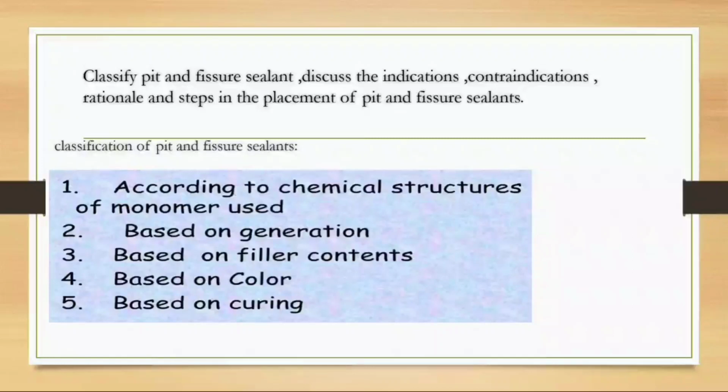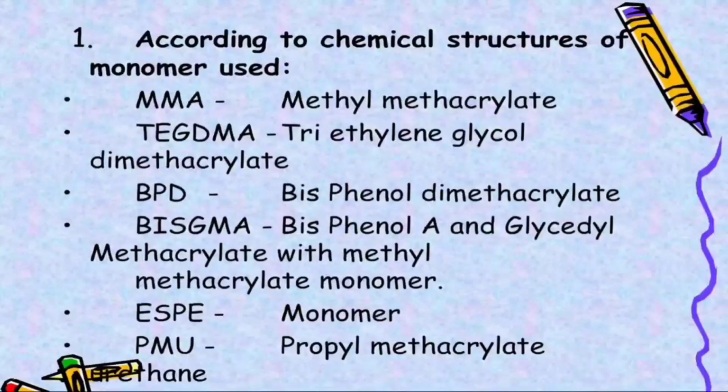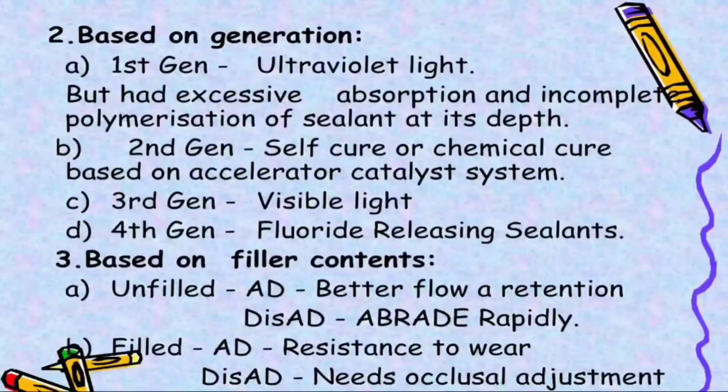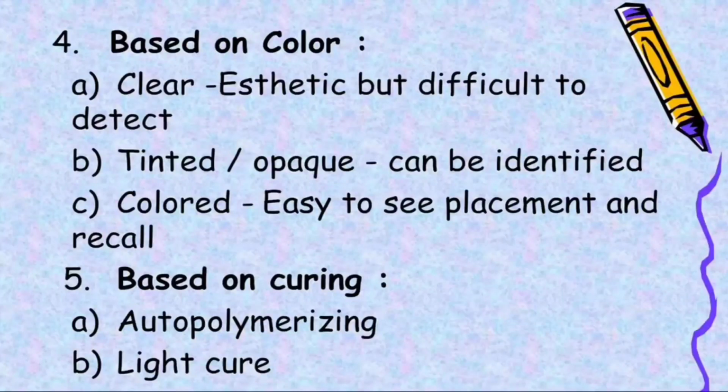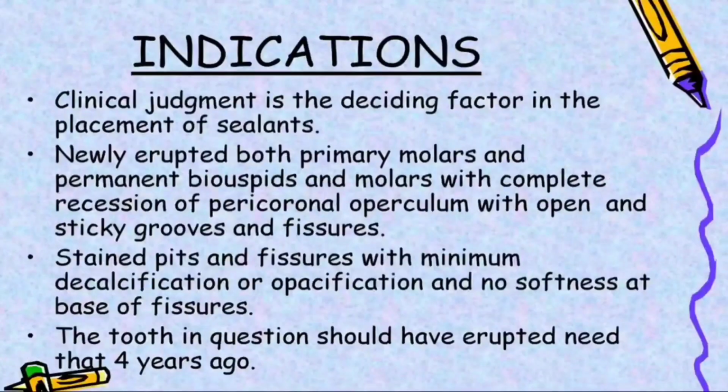We have many classifications based on chemical structure, generation, filler content, color, curing, and chemical structure: MMA, TEGDMA, BIS-GMA. So all those things. Then first generation, second generation, third, fourth. Third is visible light, fourth is fluoride, second is self-cure, first is ultraviolet, unfilled one, filled one, clear, tinted, colored, autopolymerizing or light cure polymerization.